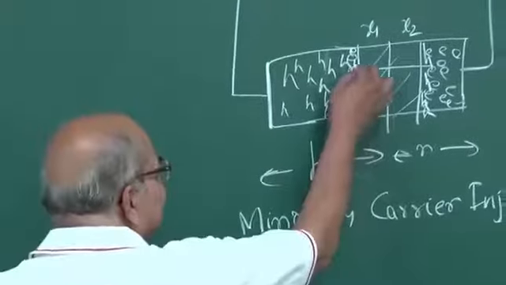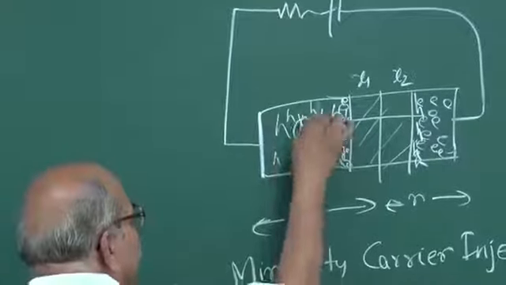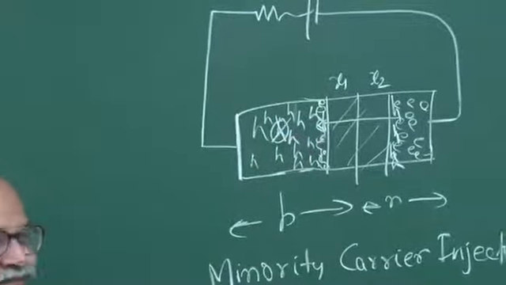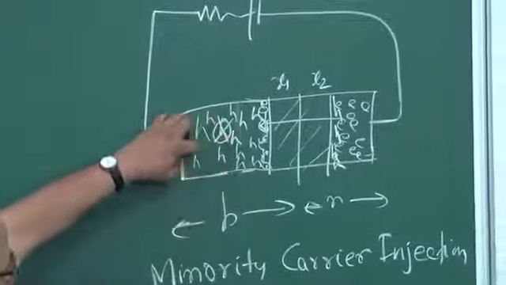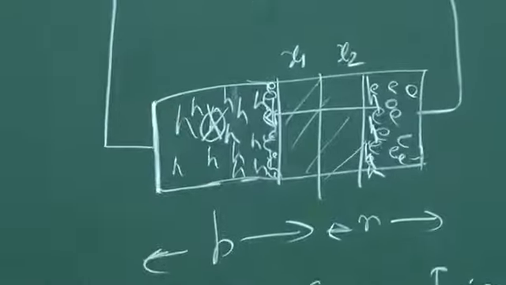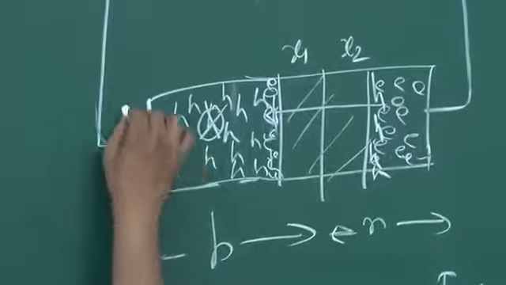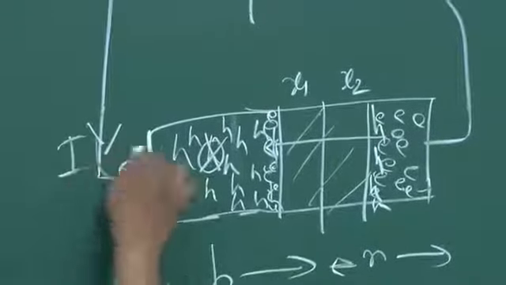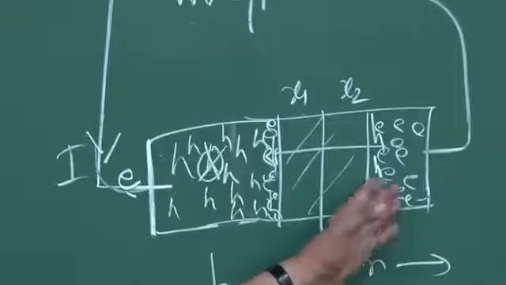And so if this electron combines with a hole, and if this hole goes out, negative charge appears, so one electron has to be withdrawn. One electron is withdrawn at this contact, and then the electron goes this way, the current goes this way. Similar is the story on this side also.